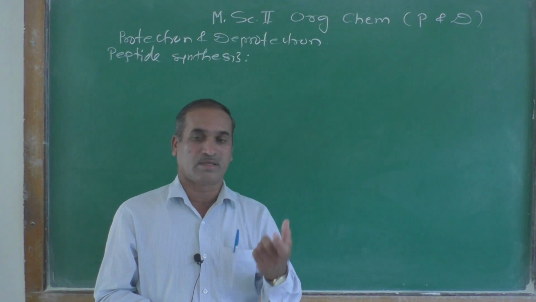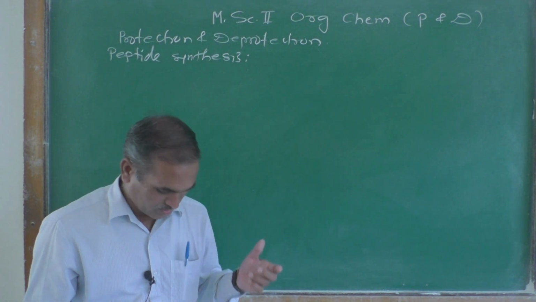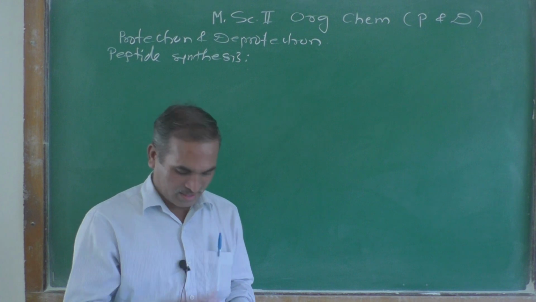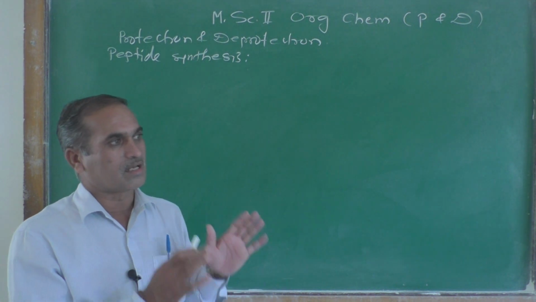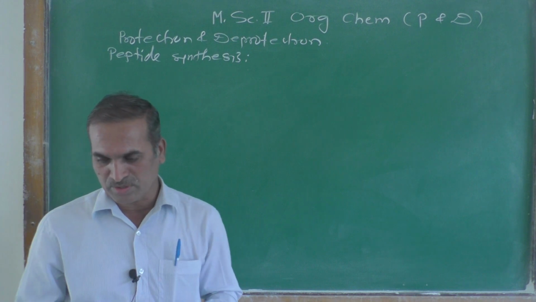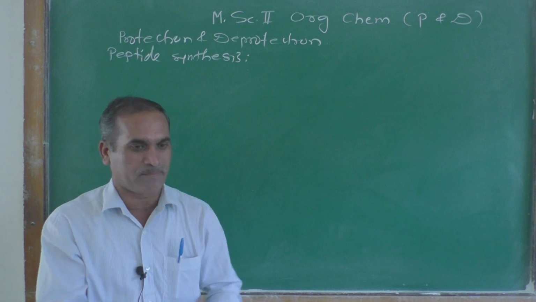S and R are the absolute configuration, and all these amino acids are found to be L configuration or the S configuration. That is what we discussed yesterday.